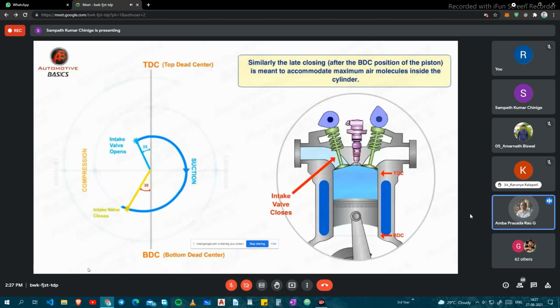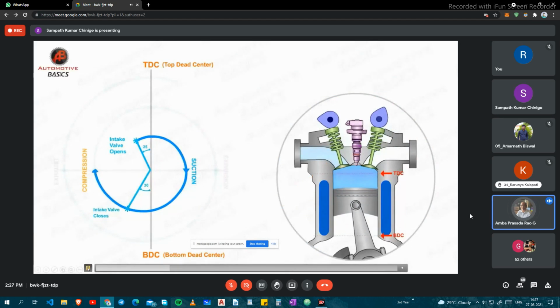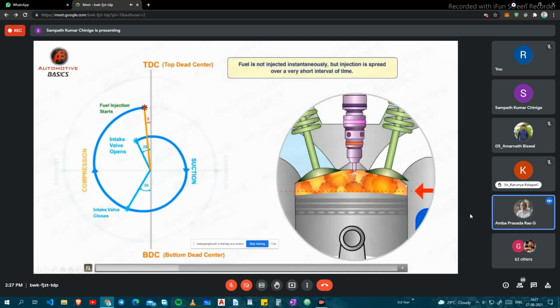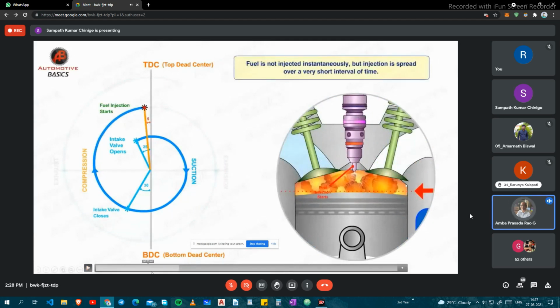Another thing is, once the piston reaches the bottom center, it will start moving from bottom center to top center, under the action of pressure. The valve is not yet closed. When it starts moving from here to here, you imagine that some part of the charge may escape through the inlet valve as back flow.